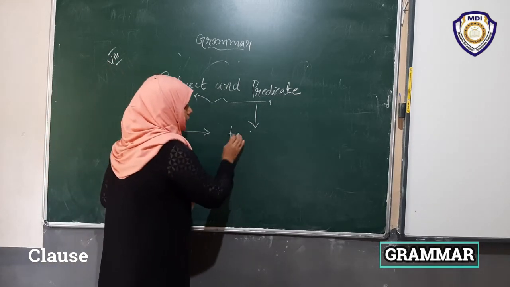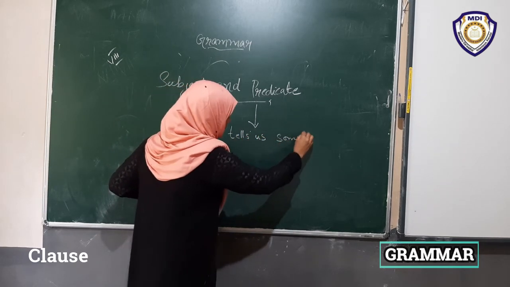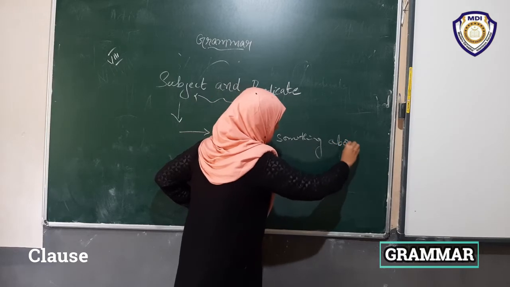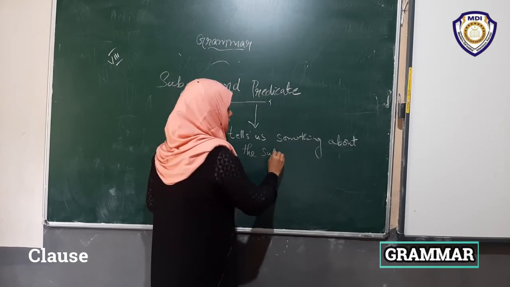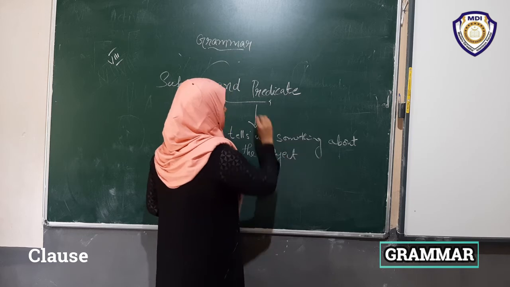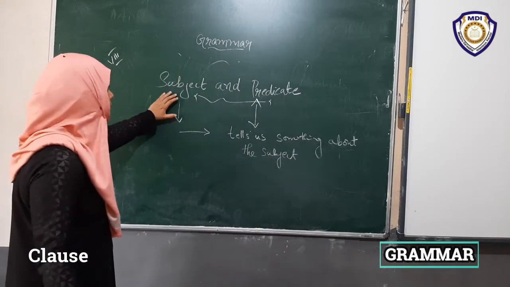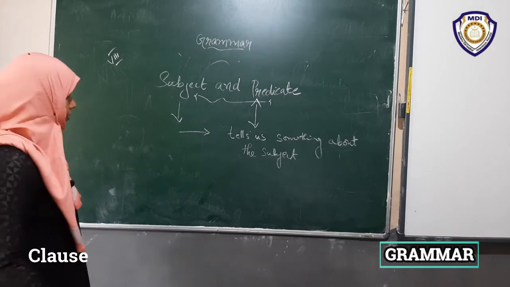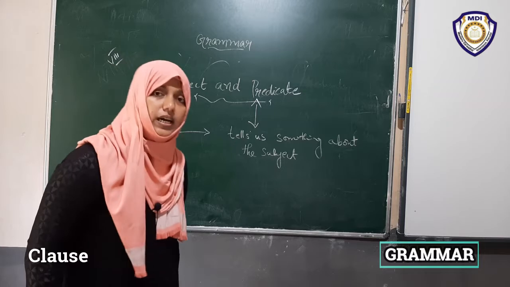Just learn it simply like that. Subject: the part of the sentence that names a person or a thing. Predicate: it tells us something about the subject.